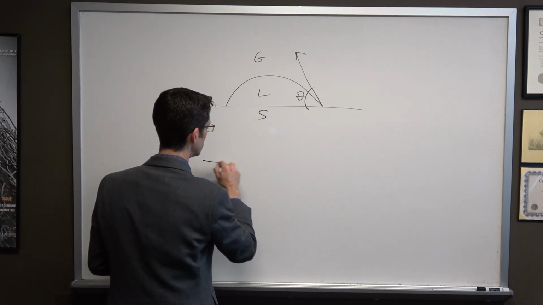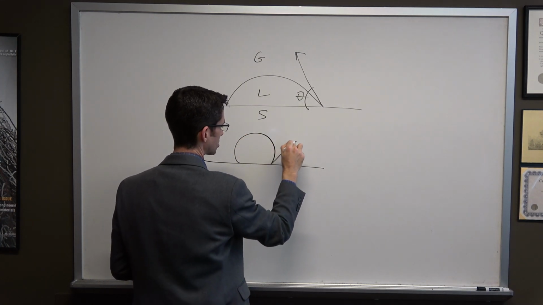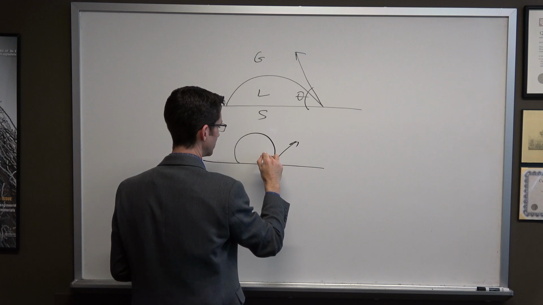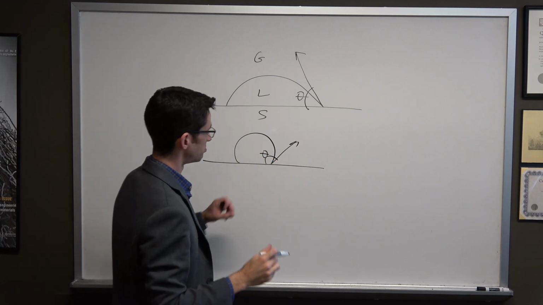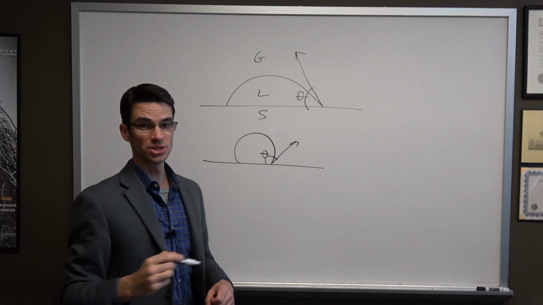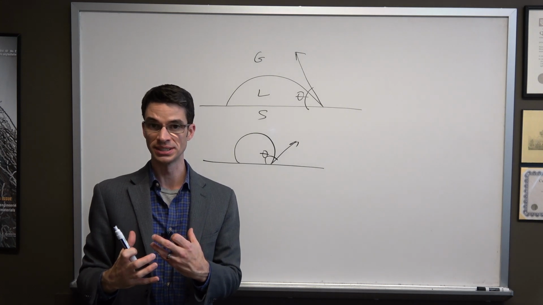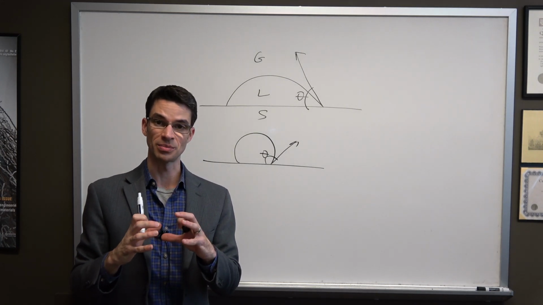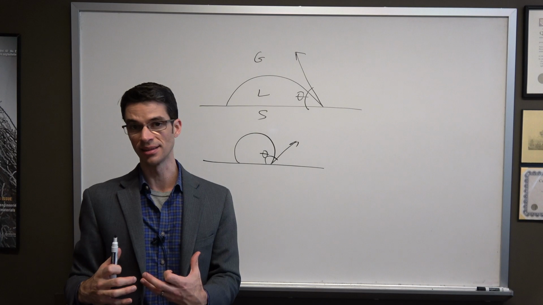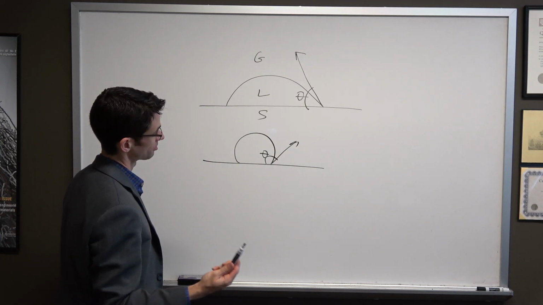So why would mercury have such a large contact angle? It's because there's a big penalty for a liquid molecule of mercury to go to the surface, because it's so satisfied being in its van der Waals, being in its metallic bonds with its neighbors in the liquid state, and it doesn't want to go to the surface.